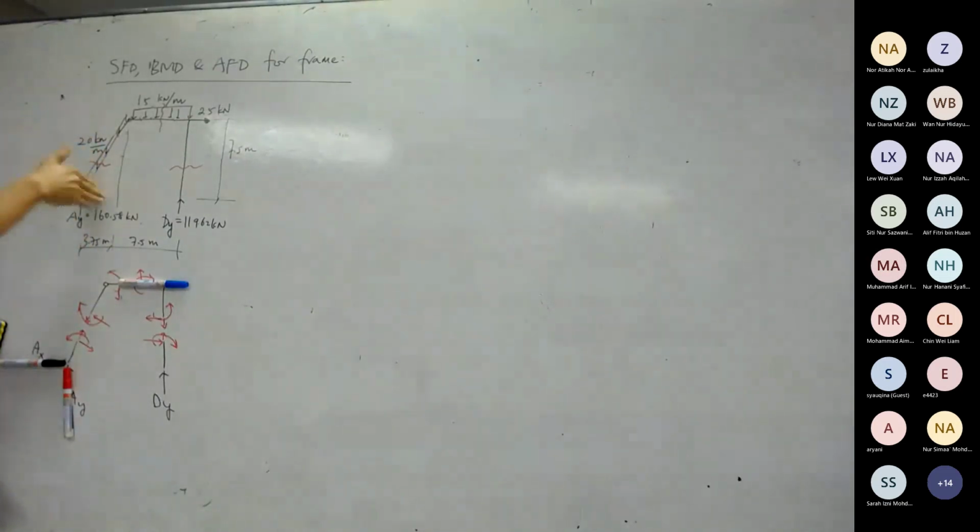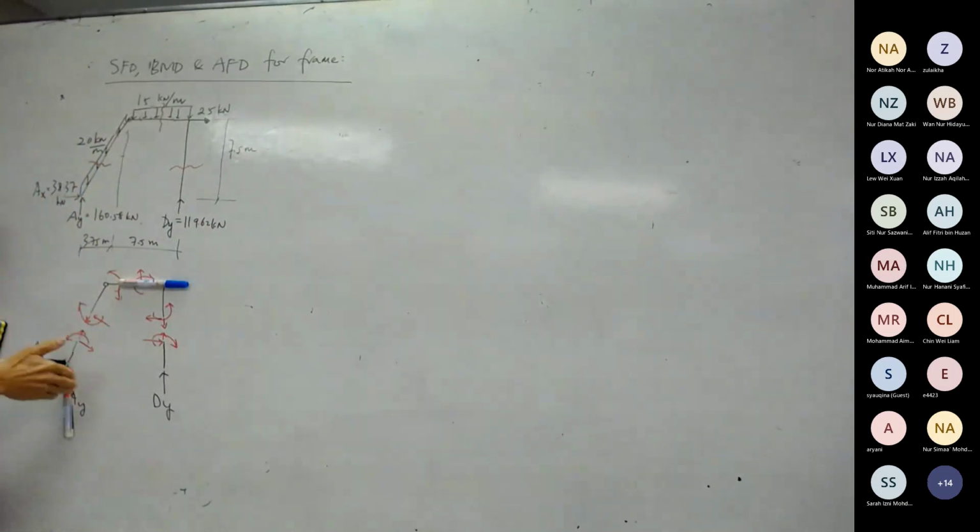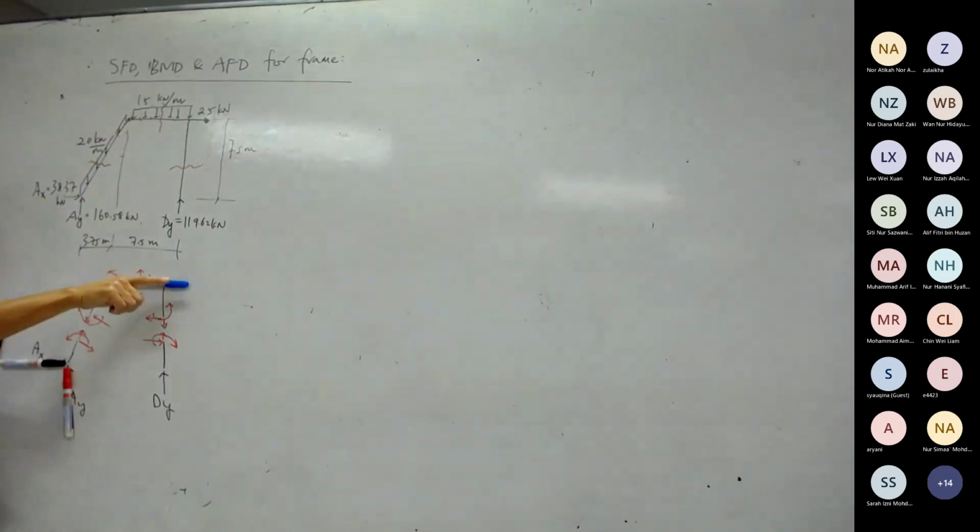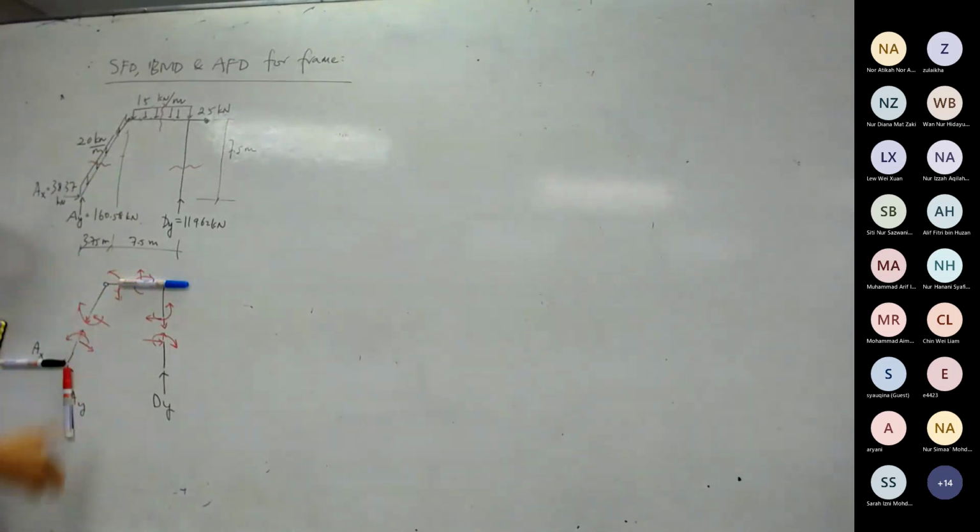If this loading is in vertical, then it will not affect the axial force here because this loading is in vertical. Okay. So these are the few things that you must be aware of, especially when we want to get axial force, shear force in a member which is inclined.